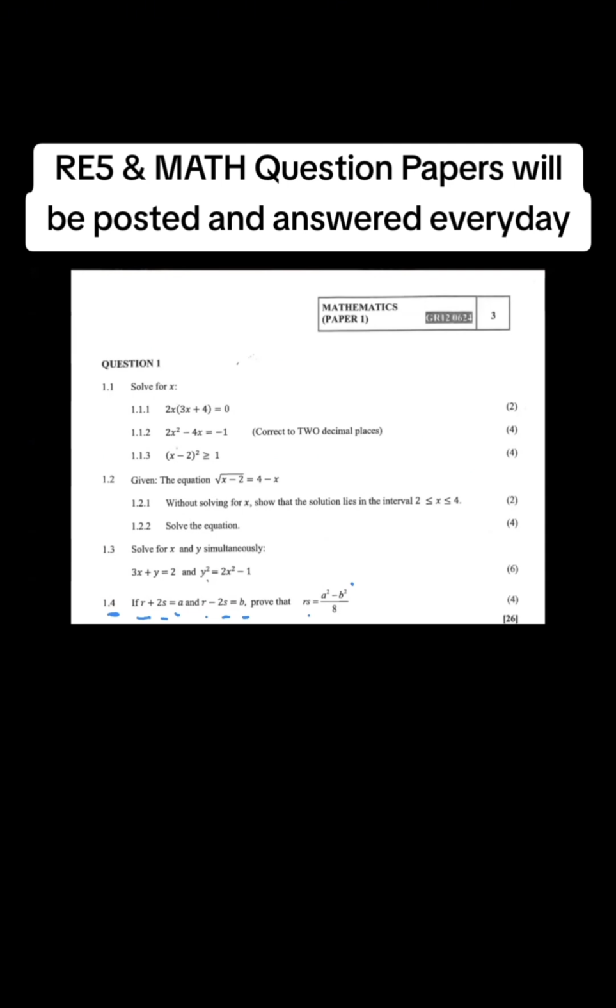So we need to prove this, right? We have two equations again, so this is a simultaneous equation, same as the one we did in our previous section.